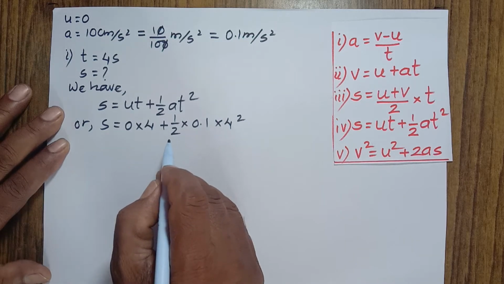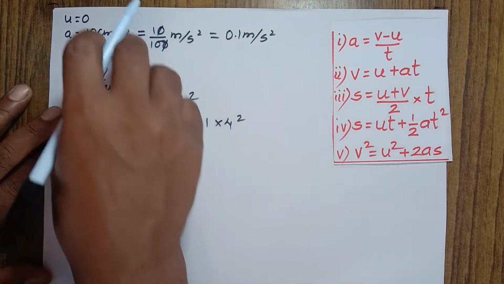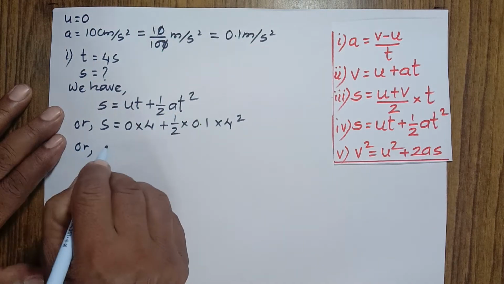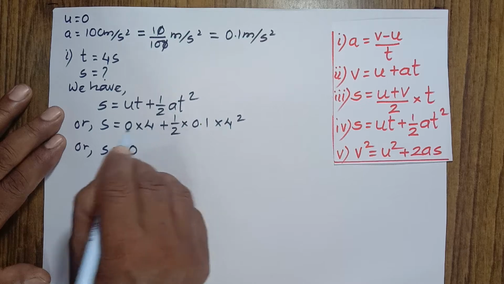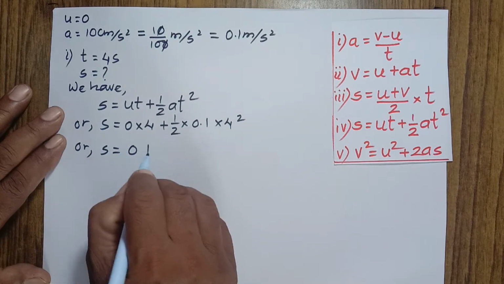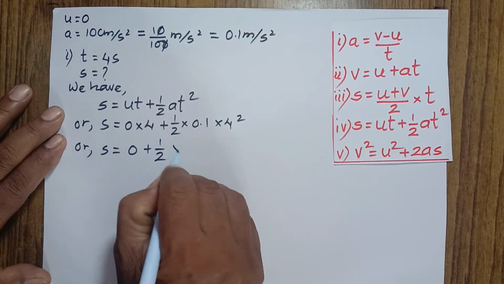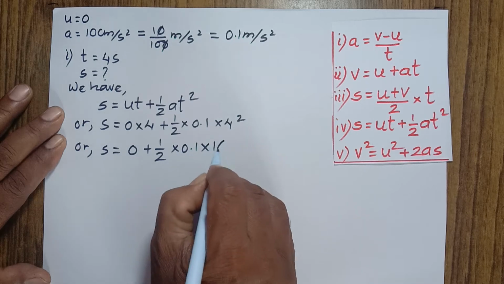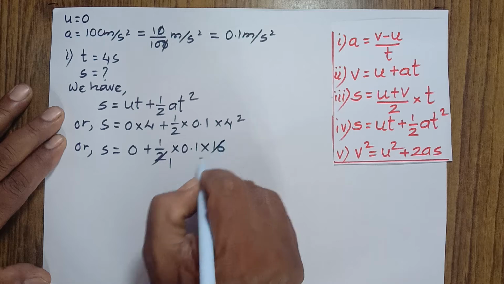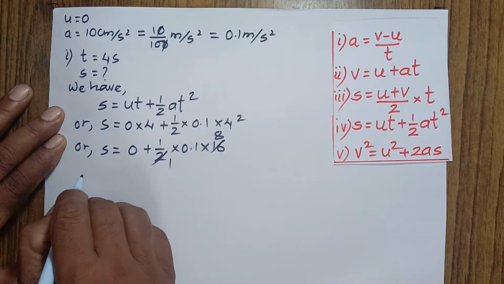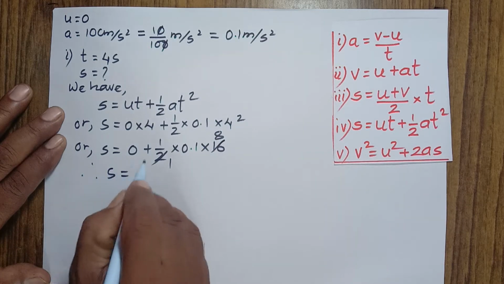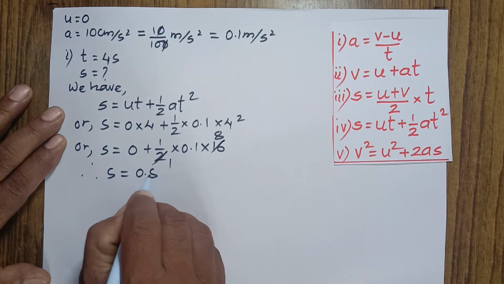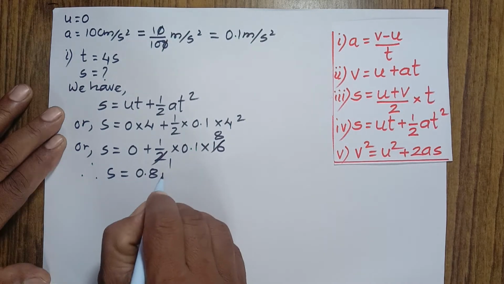We'll use unit at the end in answer and at the beginning in the given. Okay, now s is equal to 4 multiplied by 0 becomes 0 plus half into 0.1 remains same into 4 4s are 16. Now 2 1s are 2, 2 8s are 16. Therefore s is equal to 8 multiplied by 0.1, 0.8, and the unit of distance is meter.